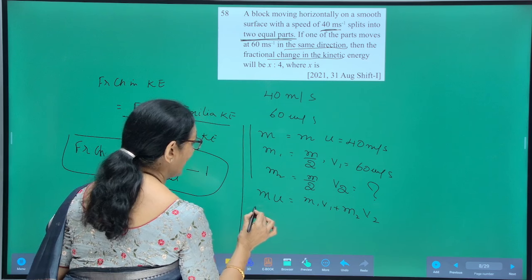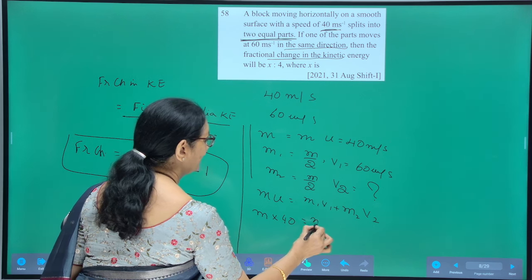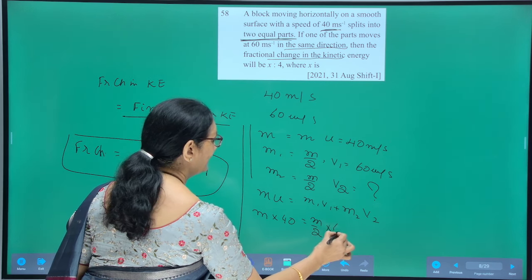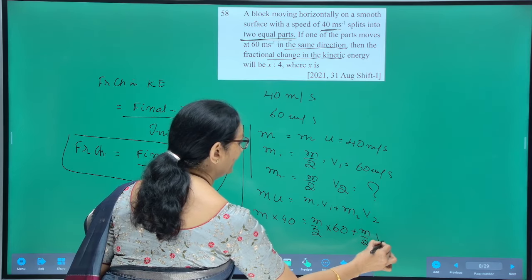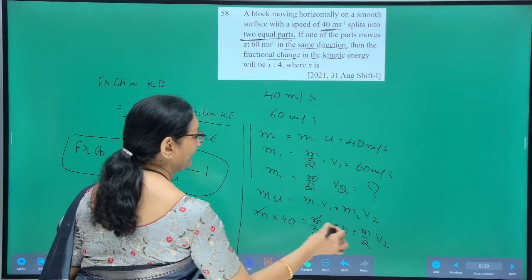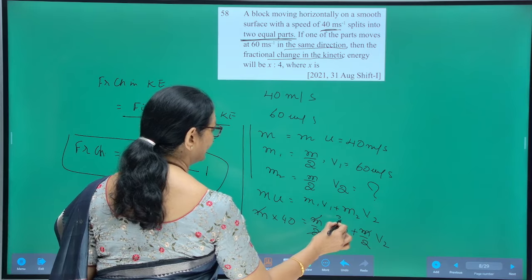u is 40, m1 is m by 2, v1 is 60, plus m2 is m by 2, v2. Throughout you can take m as common factor and cancel. This becomes 30.